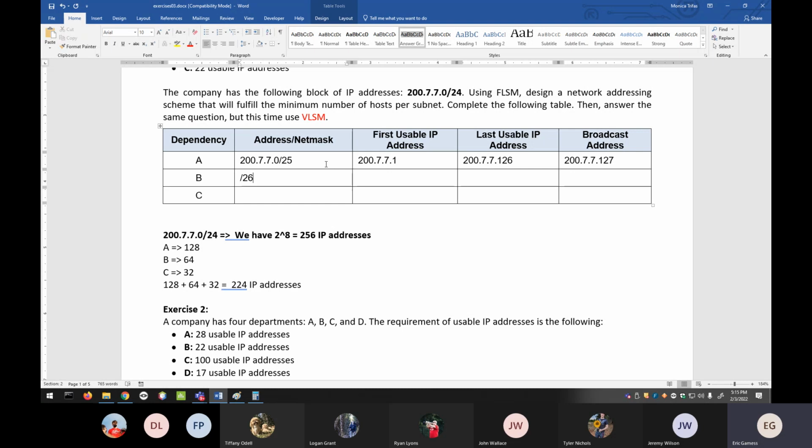So look, the network of B should start where? 128, correct. Because the network of A ends in 127. So if the network of A ends in 127, the network of B has to start in 128. So 200.77.0.128.